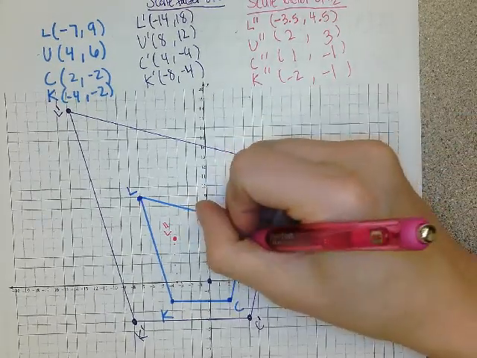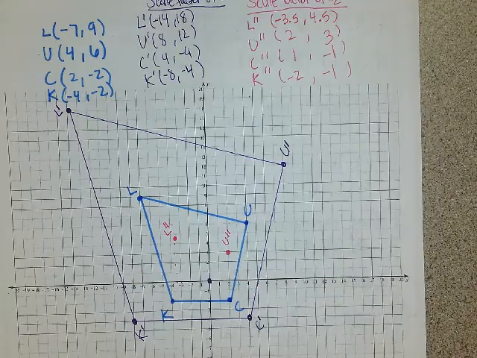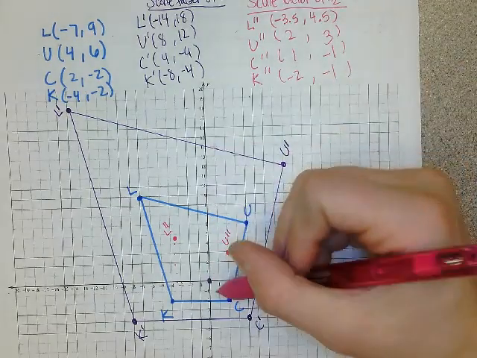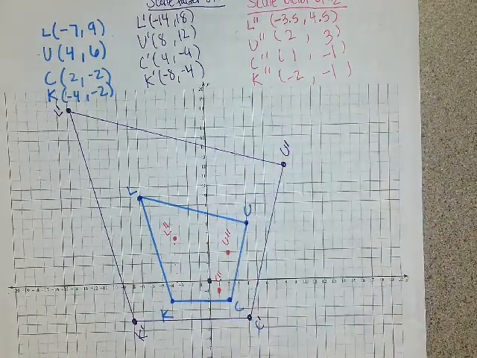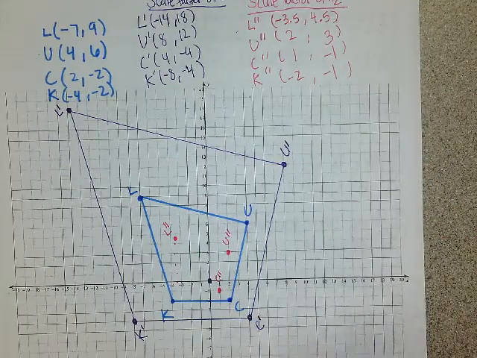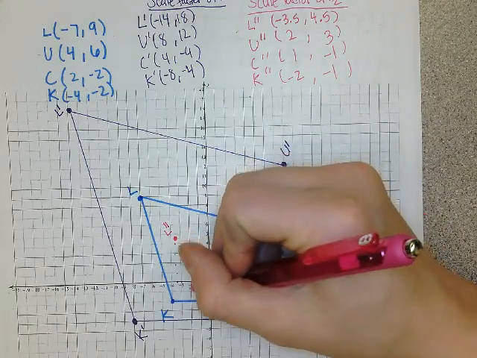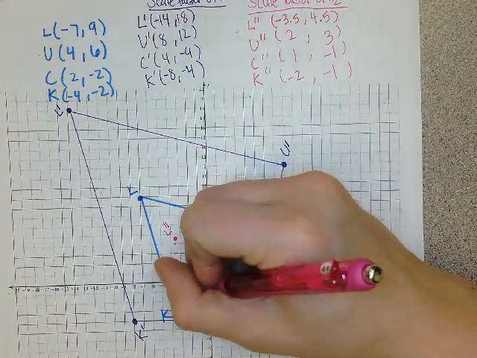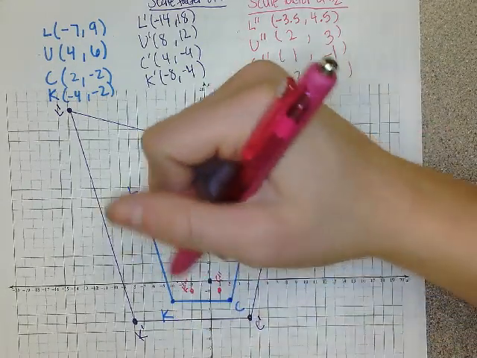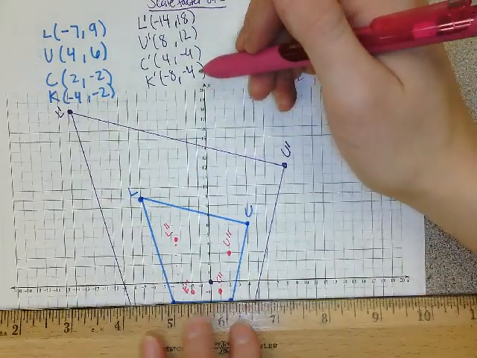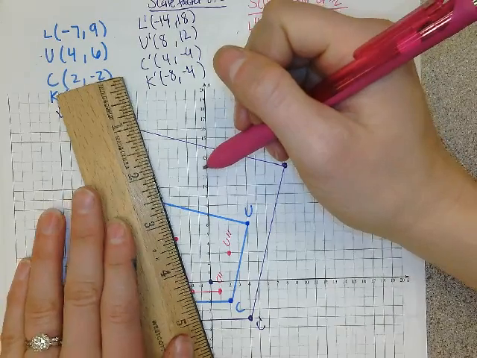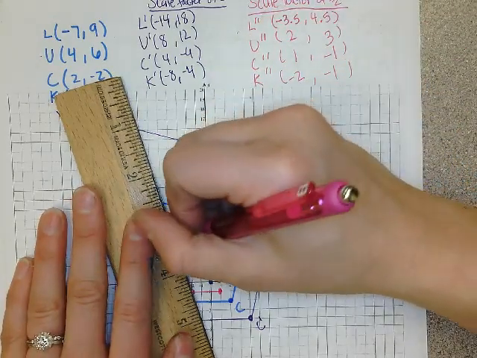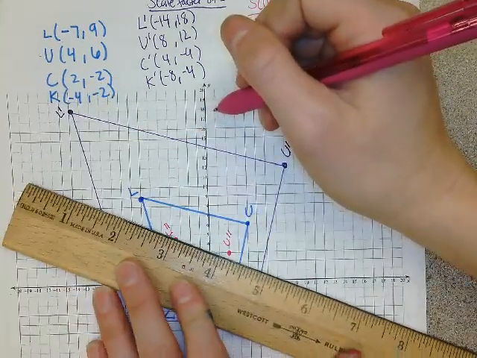I keep saying that, double prime, sorry. C double prime, and K double prime. All right. Did our shape get smaller like we predicted? Yay.